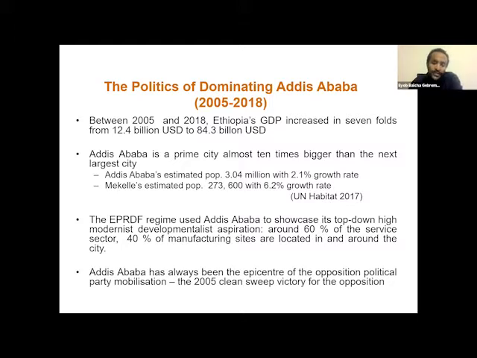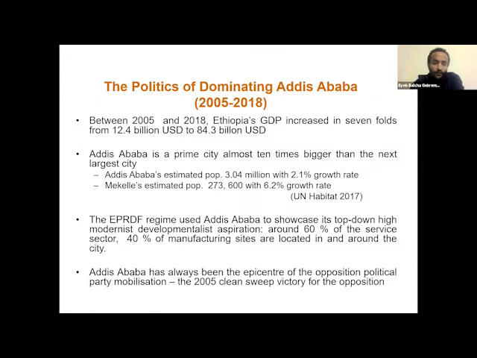And most importantly, a lot has been said and written about the authoritarian nature of EPRDF's regime. My specific contribution, particularly in this paper, was not on the repressive, but rather on the generative intervention that Tom was highlighting earlier.